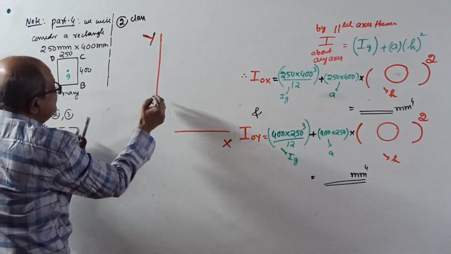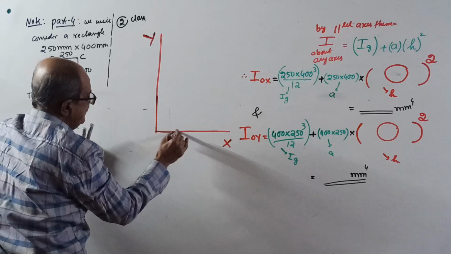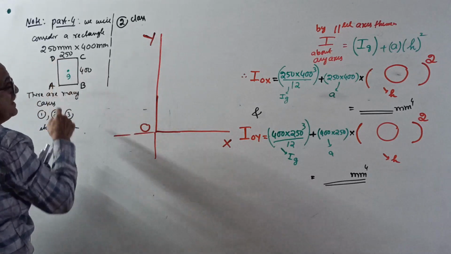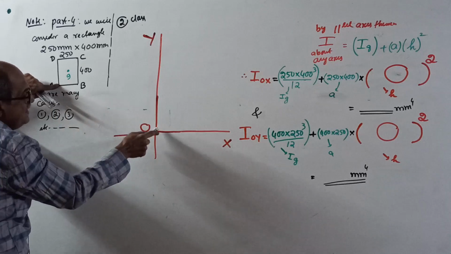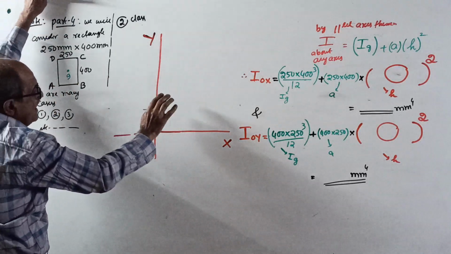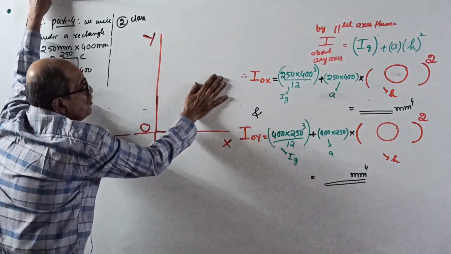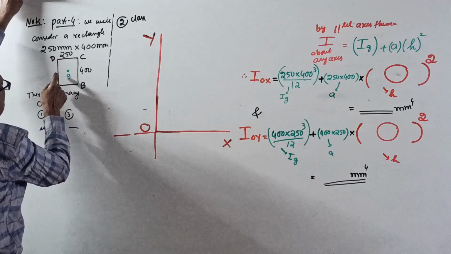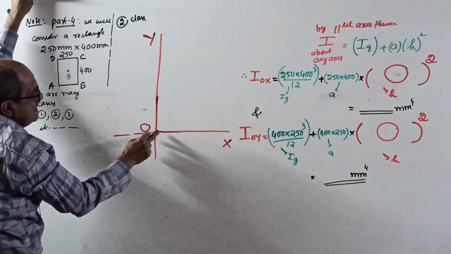The rectangle is placed as follows. This is O. The rectangle is placed so that point A touches O; that is, the rectangle is placed inside this quadrant, with AD touching OY and AB touching OX.